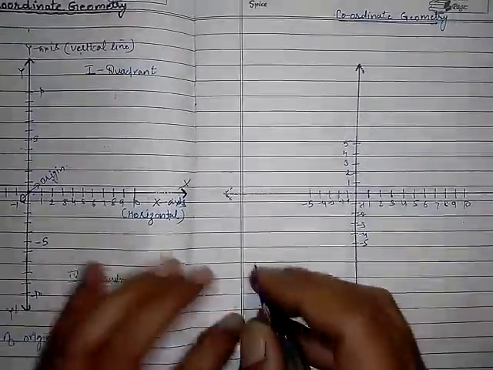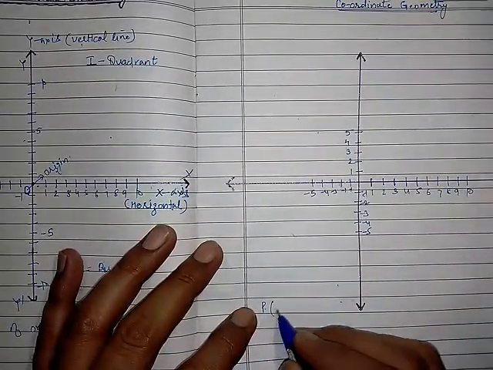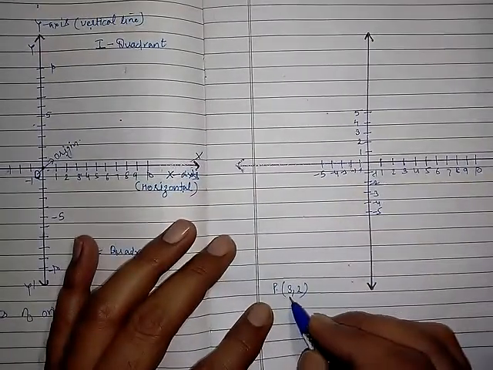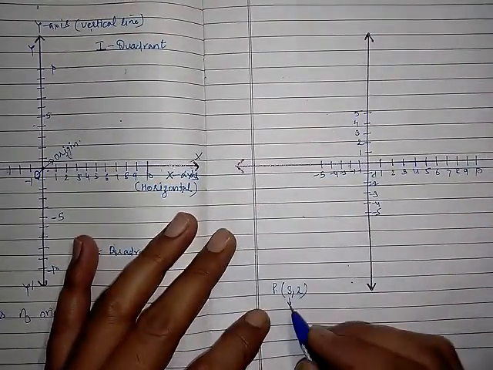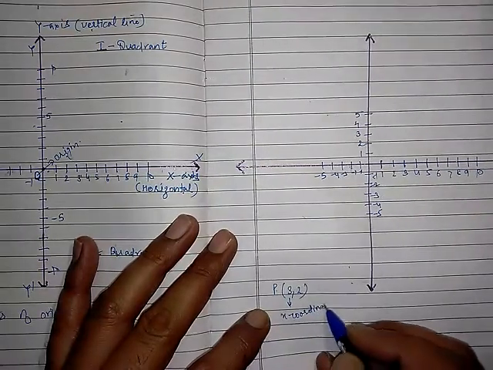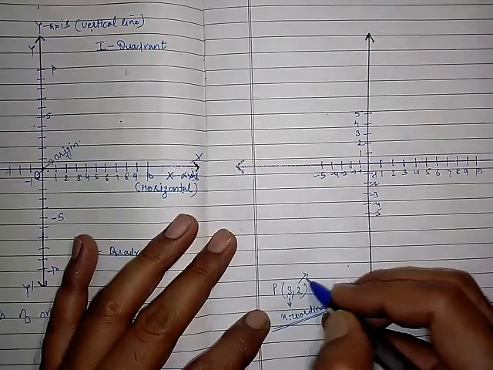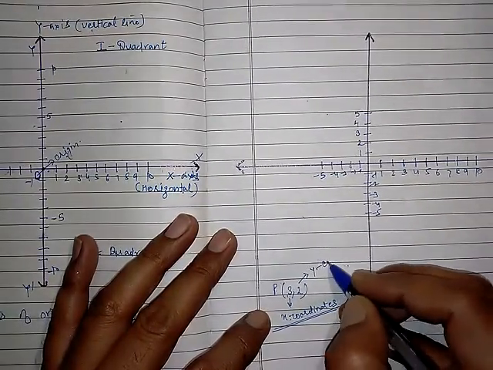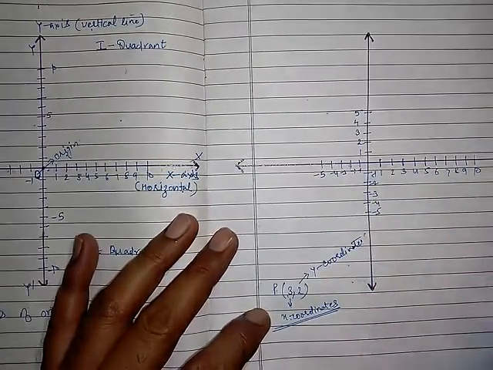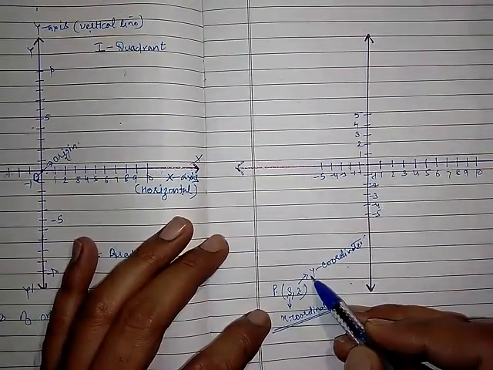Wherever a point is given to you, suppose P is the name of the point and you are given 3 comma 2. The first number, 3, is always called the x coordinate, and the second one is the y coordinate. Clear? First one is x coordinate, second one will be y coordinate.